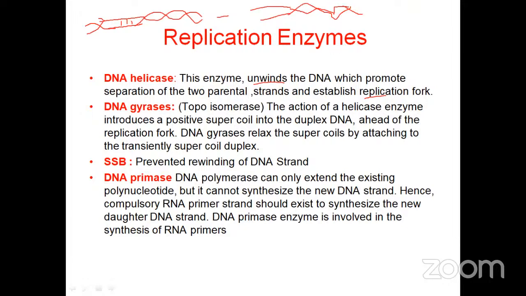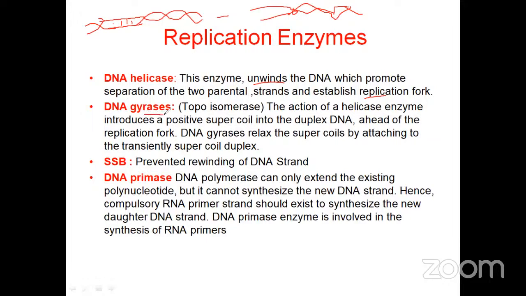So this is called the replication fork. With the help of the helicase enzyme, these hydrogen bonds between the two strands are removed, and as a result this winding nature unwinds. Now it is formed as a replication fork.